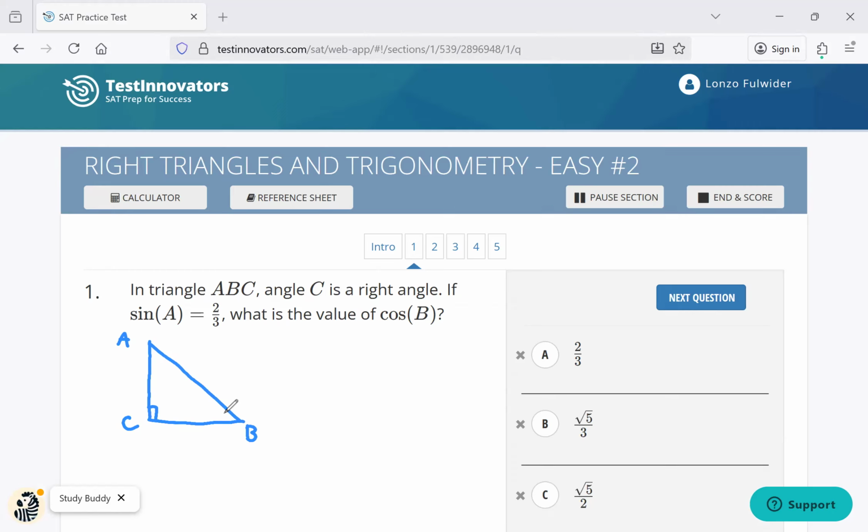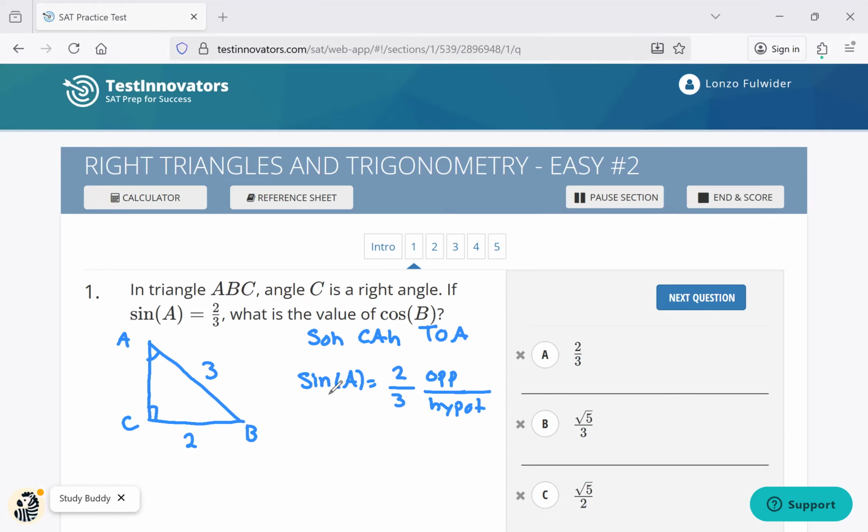If sine of A is 2/3, so SOHCAHTOA. Sine is opposite over hypotenuse. So here's sine of A. Opposite is this side, so this is 2, and the hypotenuse is 3.